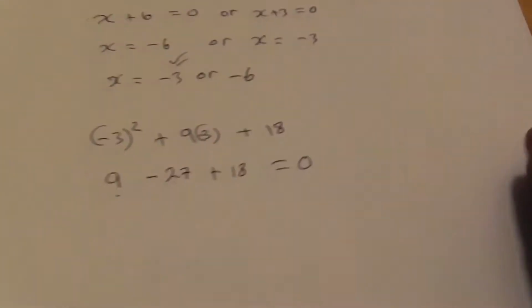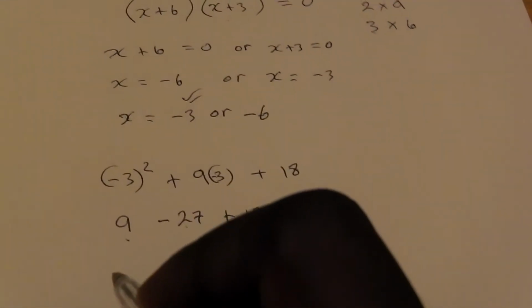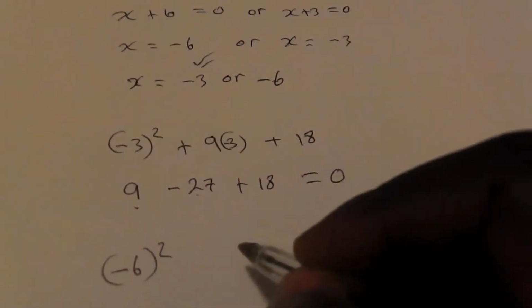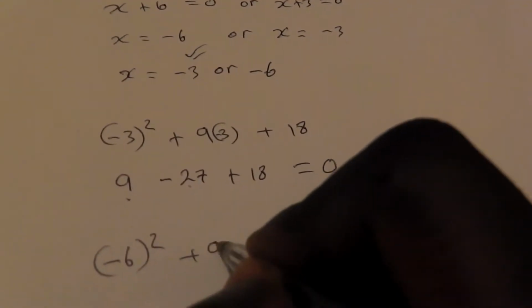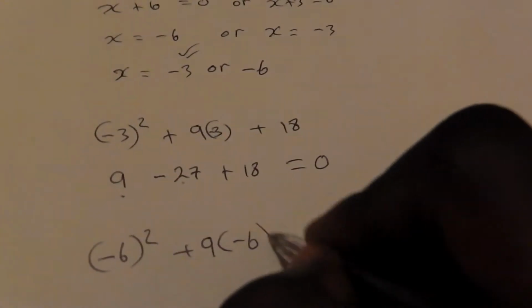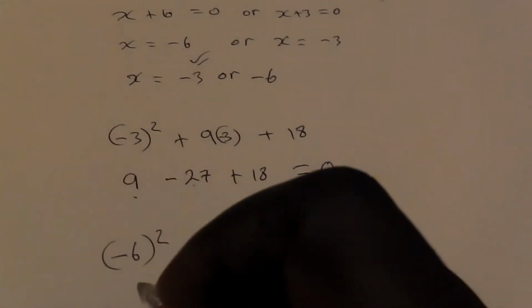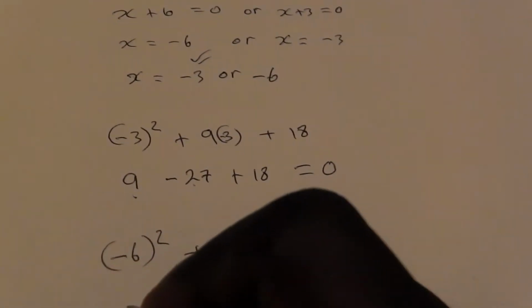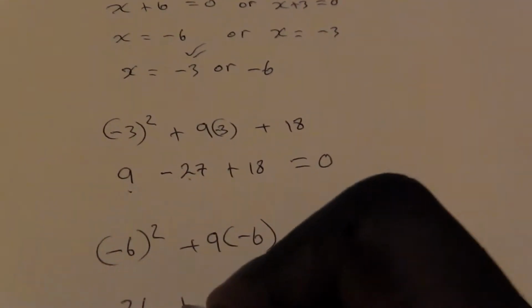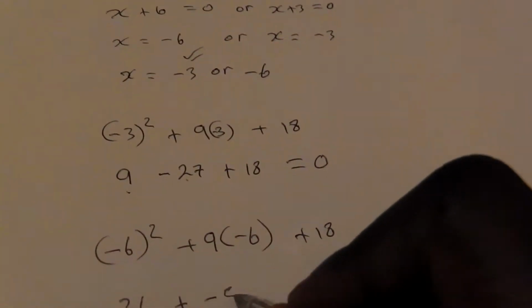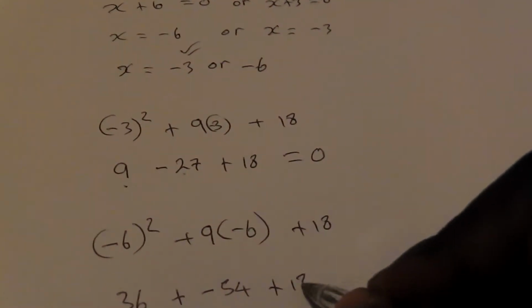Okay, and then let's test negative 6. It will be negative 6 squared plus 9 times negative 6 plus 18. Negative 6 squared is equal to 36, plus 9 times negative 6, which is negative 54, plus 18.